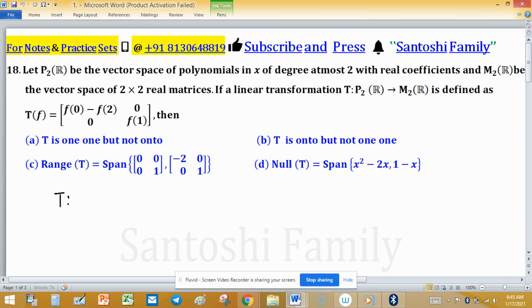As T is defined as a linear transformation from P2R to M2R, first understand the notation.